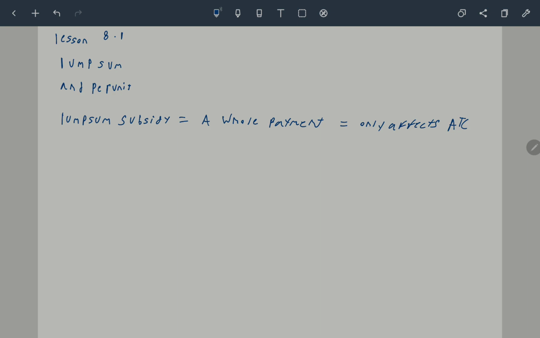Yeah. So we have per unit subsidy. Per unit subsidy is per unit of additional good, per unit of good produced, sorry.